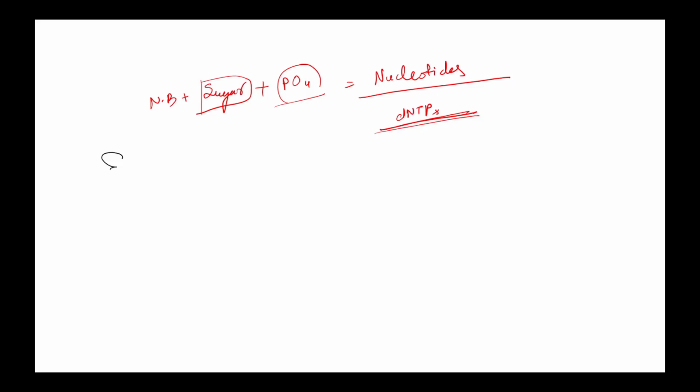So every DNA nucleotide, this is a pentose sugar. Here, the nitrogenous base is attached. At this point, we have the phosphate group, right? And in this sugar phosphate structure, we have hydroxy groups present here. 1, 2, 3, 4, the fifth carbon.